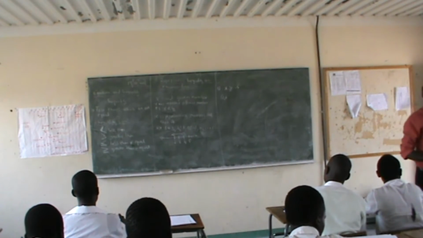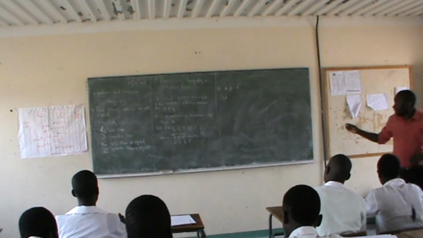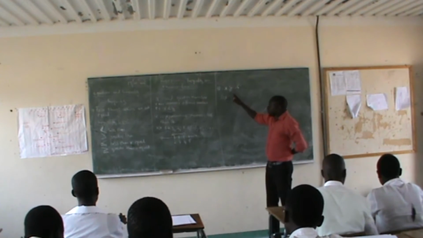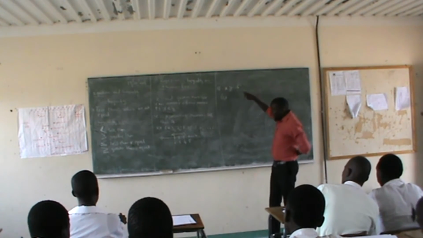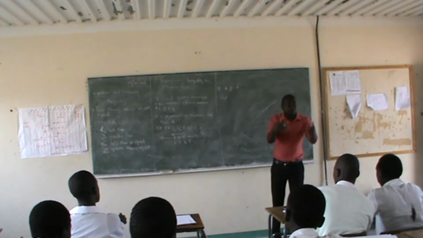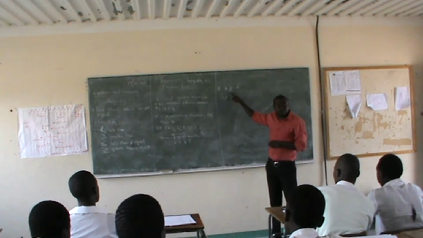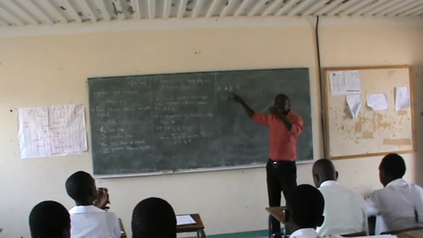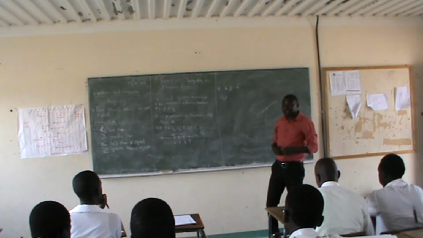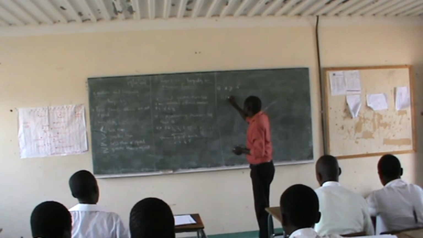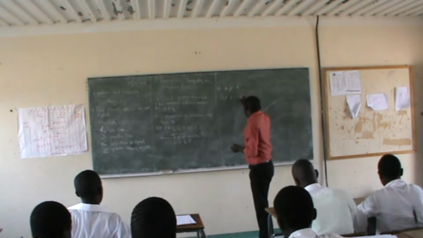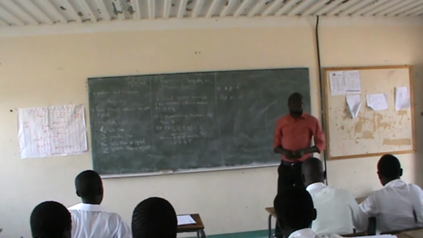From -6. Now here, because we said it's greater than or equal to, it means -6 is also included. That's why we say or equal to. It means -6 is also part of those numbers. The first one is x is equal to -6, included.